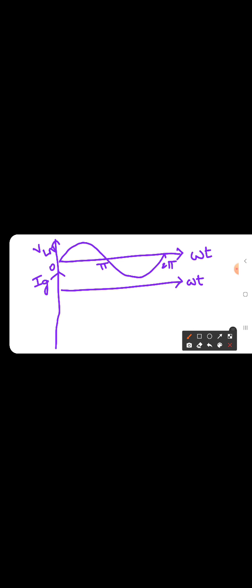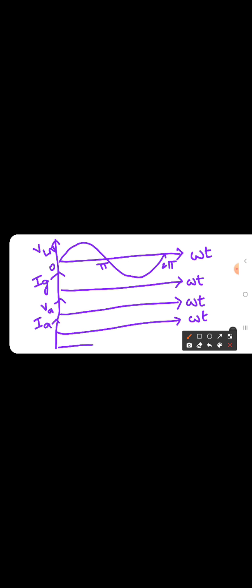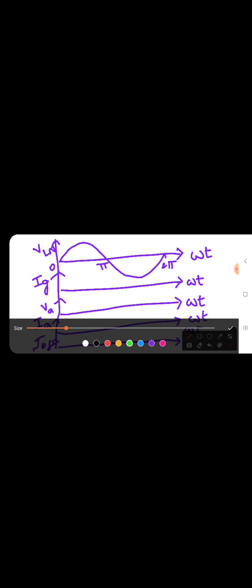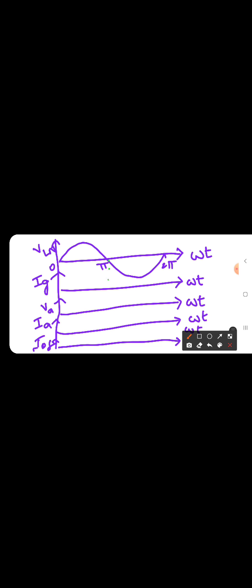Next, omega t with the output voltage VA, then omega t with the output current IA, and last omega t with IDF.